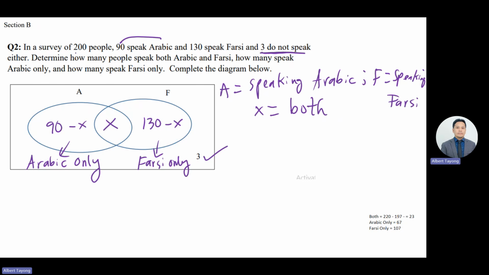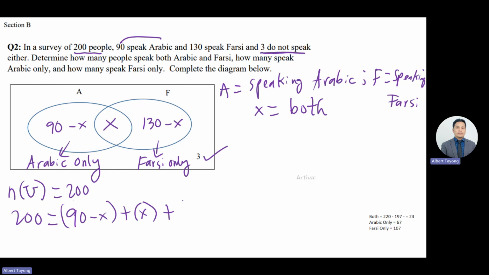So there are 200 people. Number of elements of universal set is 200. So 200 equals the first section, 90 minus X, plus both, plus 130 minus X plus 3.